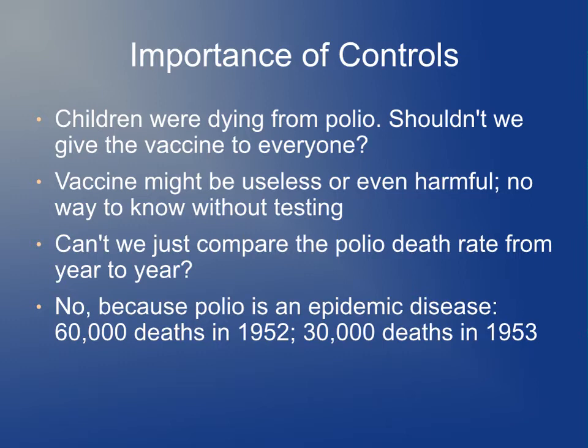If you had administered the vaccine in 1953, even if it were completely useless or even harmful, you might conclude that it was working just because of the year-to-year variation in the death rate. In this case, the epidemic nature of the disease would be a confounding variable, so that isn't the proper design here.